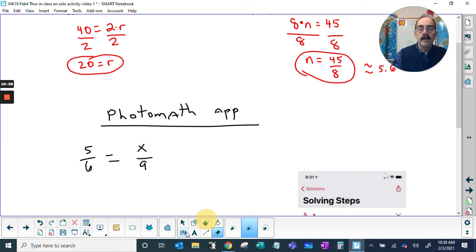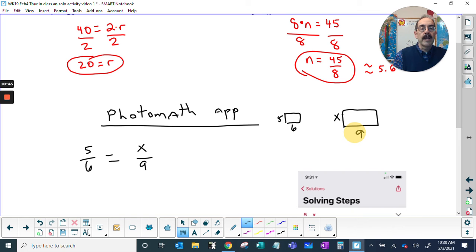Draw a rectangle here. 5, 6, and it goes to a rectangle that's a little bit bigger. x, 9. So 5 to the x as 6 to the 9. You can do it either direction.